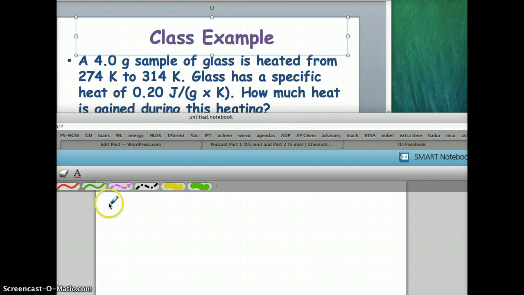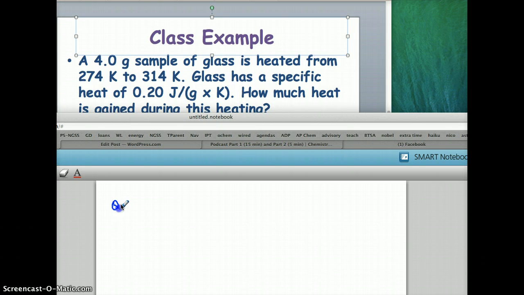Okay. Here we go. So the formula is Q is equal to MC delta T, right? Okay. So it's saying how much heat is gained. So we're looking for Q. Q is equal to the mass, which is 4 grams, times the specific heat, which is 0.2 joules per gram times Kelvin.